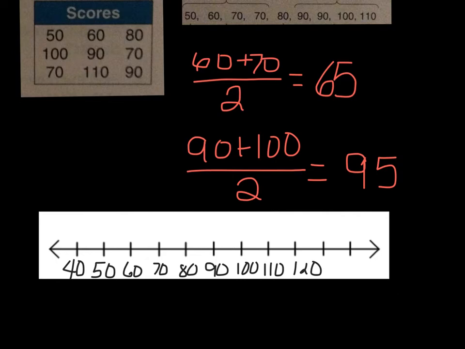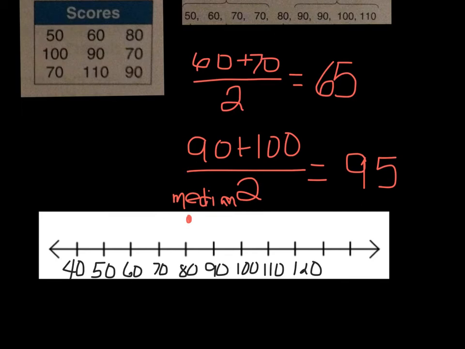So our next step now is to display the extremes, quartiles, and median as points above a number line. So here we have our number line. In the middle will be our median. We have that at 80. So right here, I'm going to put a dot for our median. And I'll write that right here, median. Our next will be to do our quartiles.